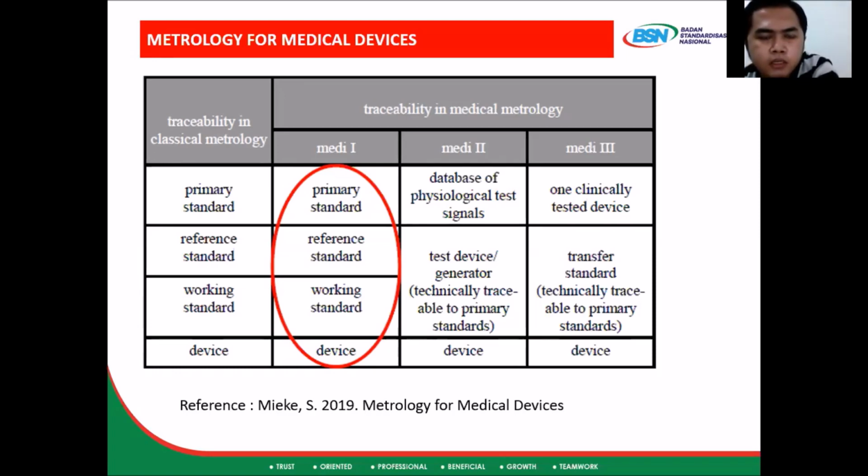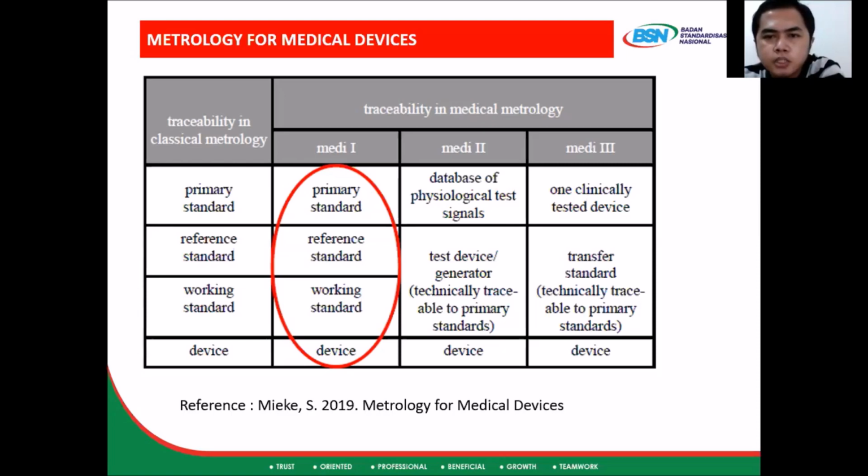In MEDI 1, the traceability is the same as the classical metrology, but the second and the third are different, whereas the primary standard could be the database of physiological test signals, down to the test device or generator, which is technically traceable to the primary standard, down to the device.